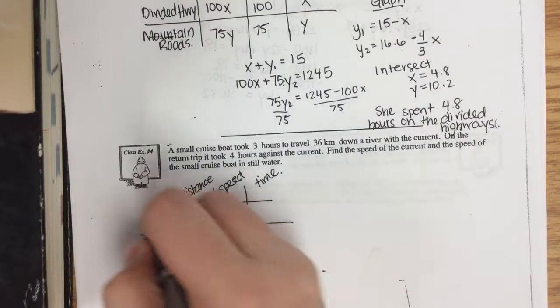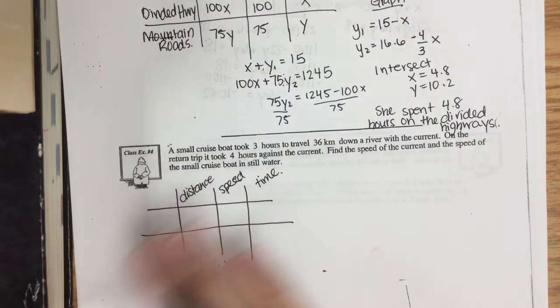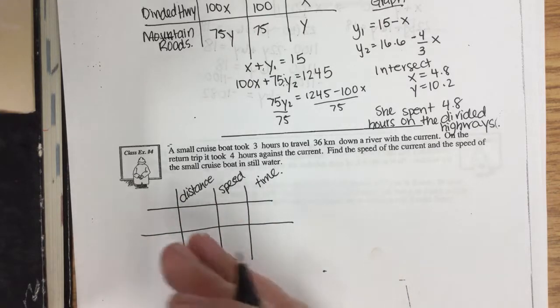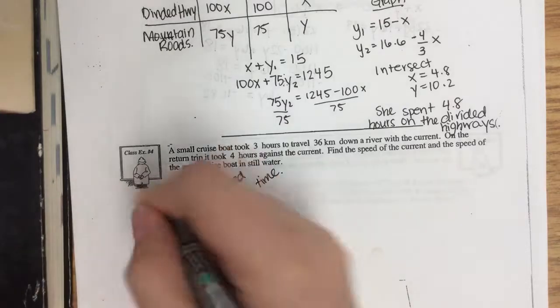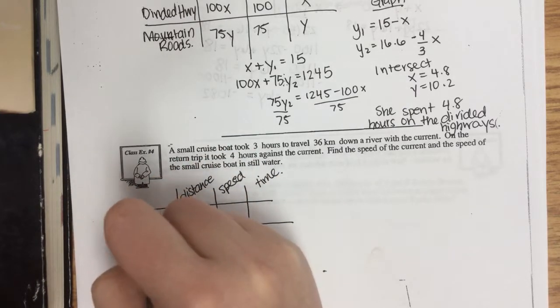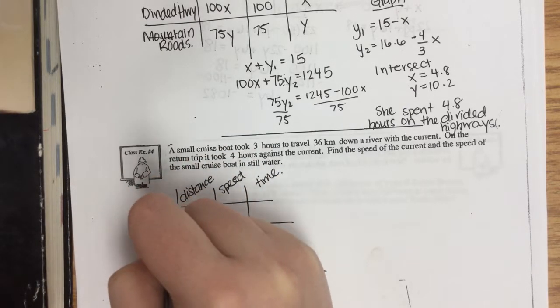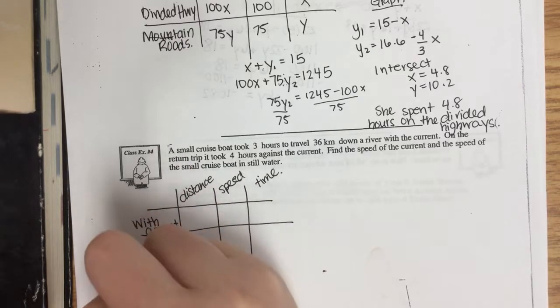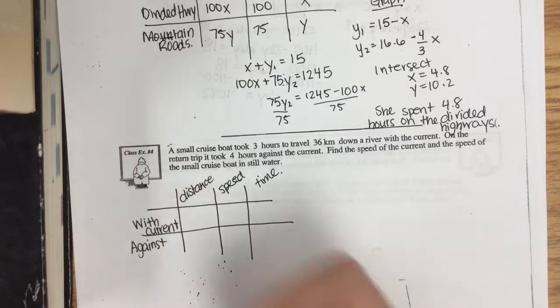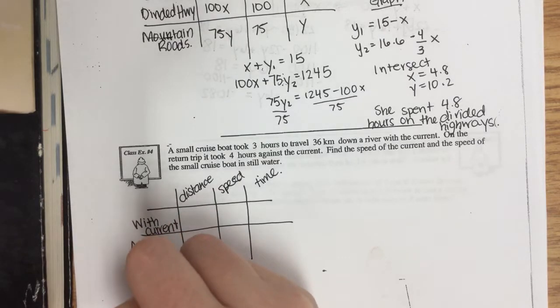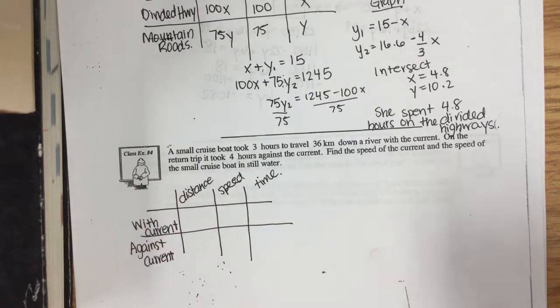Okay, let's split this trip in half. First time they went down the river, they were with the current. This speedboat was with the current. And when they returned, they were against the current. So I'm going to have a portion of this trip with the current, and a portion against the current.